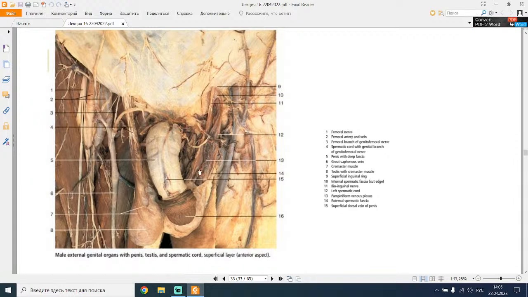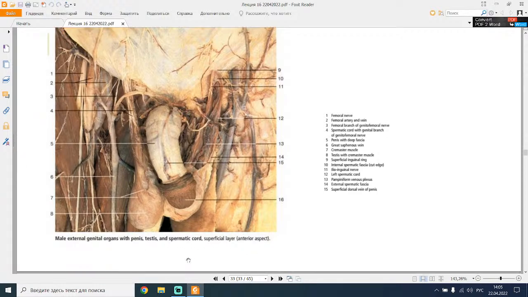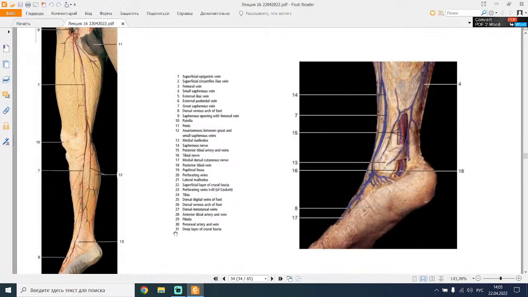And you see vena saphena magna drains into vena femoralis.